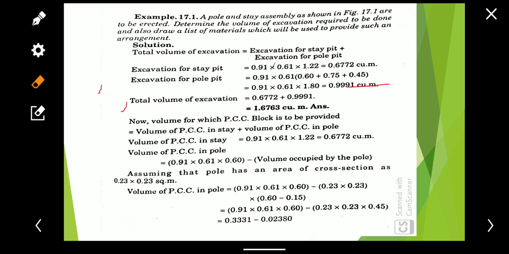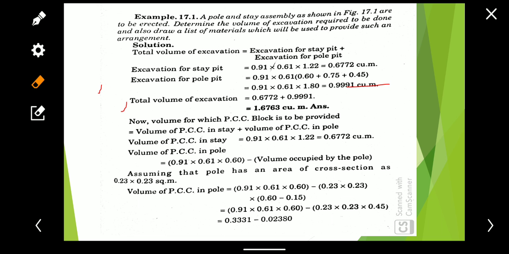Now assuming the area of cross section of the pole is 0.23 into 0.23 square meter. The volume of the PCC in the pole is equal to 0.91 into 0.61 into 0.60 minus 0.23 into 0.23 into 0.60 minus 0.15.